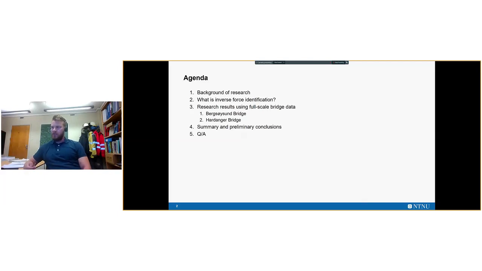And then we move on to the interesting part, the results from the full-scale bridges we monitor, the Bergsøysundbrua and the Hardangerbrua. And in the end we will make some conclusions and summarize, and I hope also you will have some questions to ask me in the end.